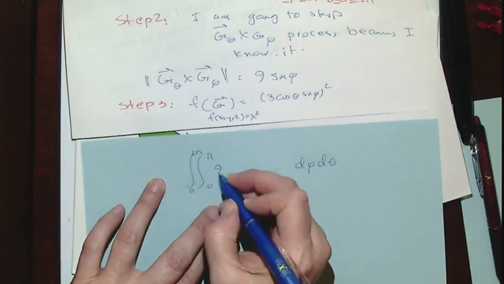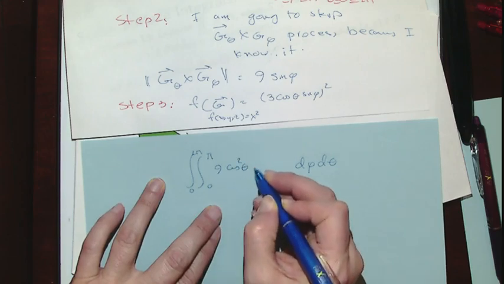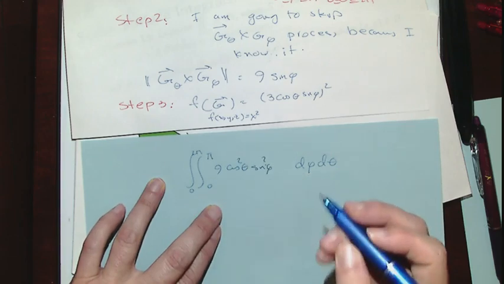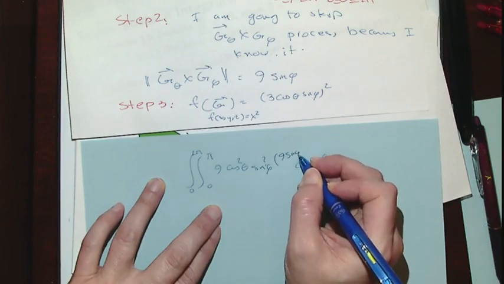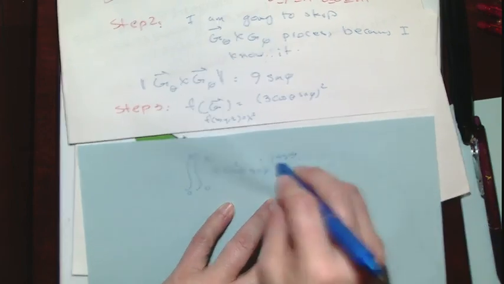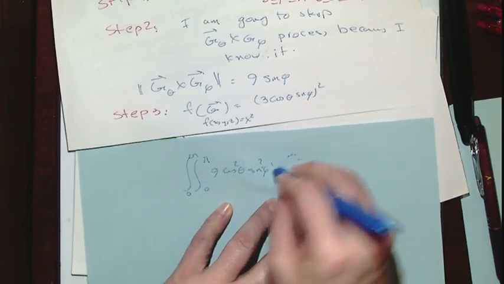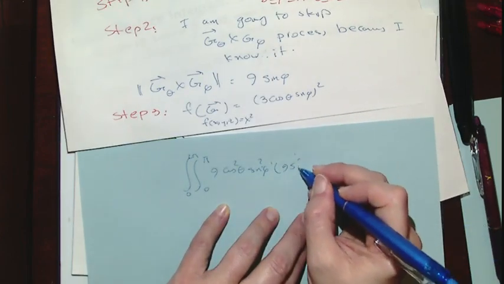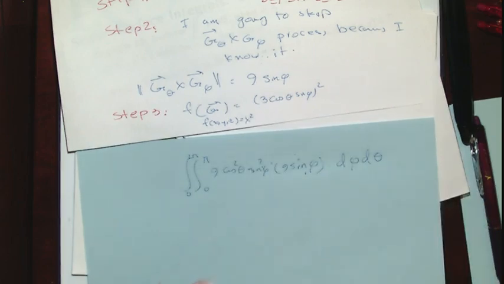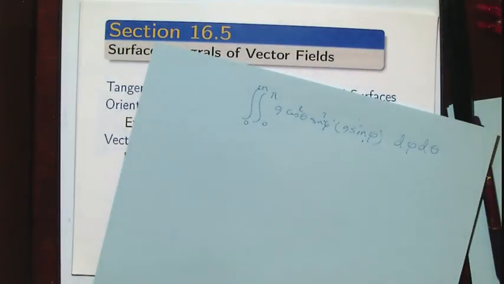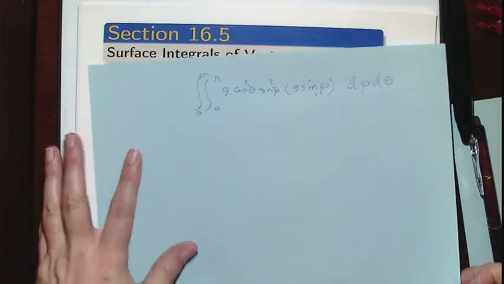And then I have 9 cosine squared theta sine squared phi times Jacobian, which is 9 sine phi. Now we're going to cry a little bit, but we're going to compute this. Just a tiny bit. But we can do this. So now what do?